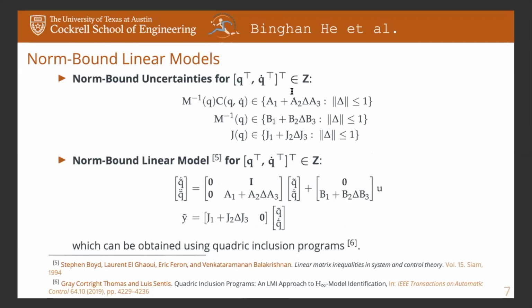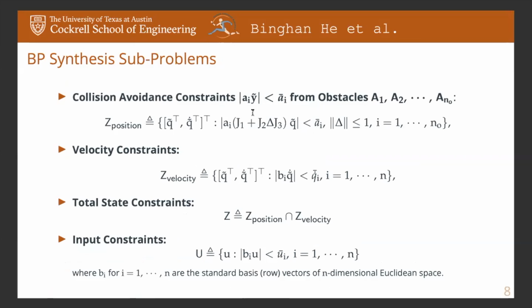A solution to this issue is to consider a bounded state space region Z around the equilibrium and calculate the norm-bound uncertainty of the robot for all the states inside this Z region. This process can be done by a quadratic inclusion program method, and we obtain a robust norm-bound linear model. The nearby obstacles around the equilibrium will provide us some position bound to define this Z region.